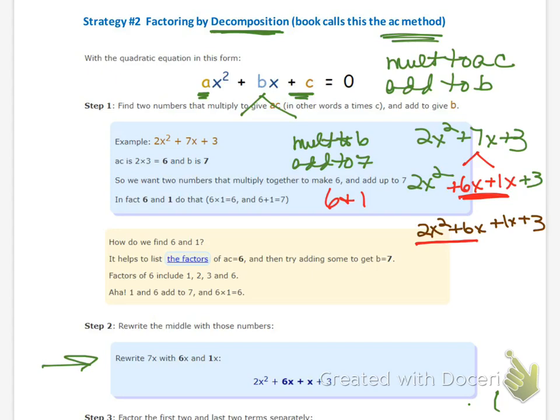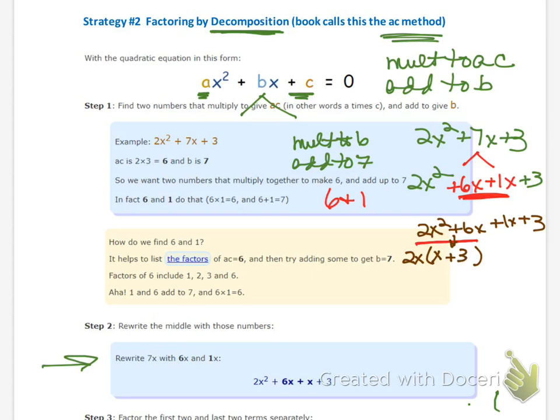And you should be looking at the numbers, which is 2, and the variables, which is x. So they have a 2x in common. Here comes your paren. To get the 2x squared back, I need an x. Follow the x with the plus sign from here, and then say to yourself, I have a 2x, I need a 6x. What goes here? And the answer is a 3.